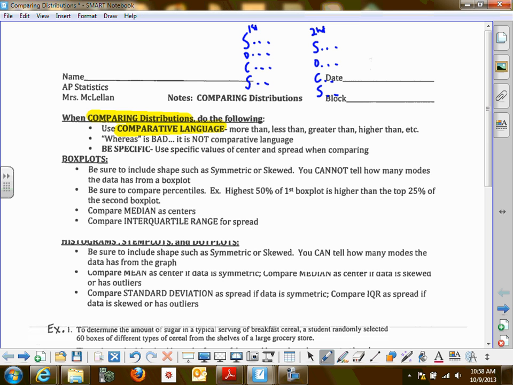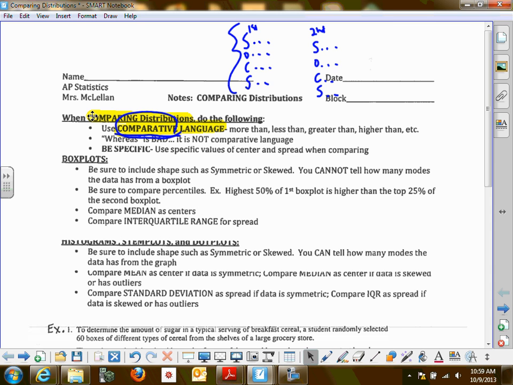They describe each one individually, but they never connect the two by comparing them together. All of these look real nice, but that would be completely zero credit, because the question is not what are the things on those two, it's to compare them.